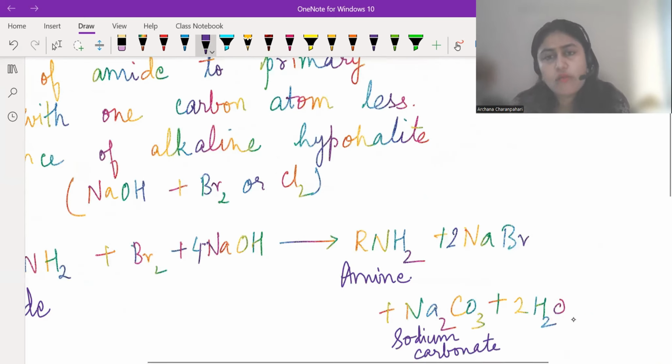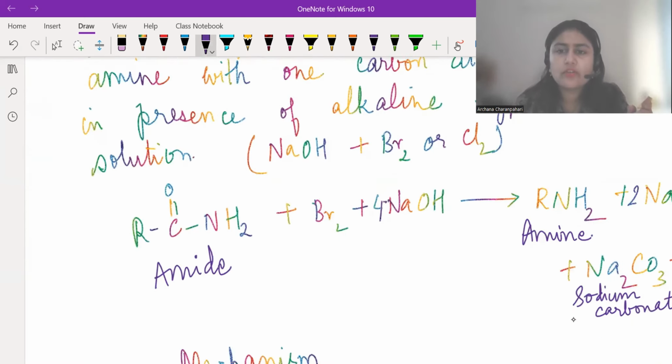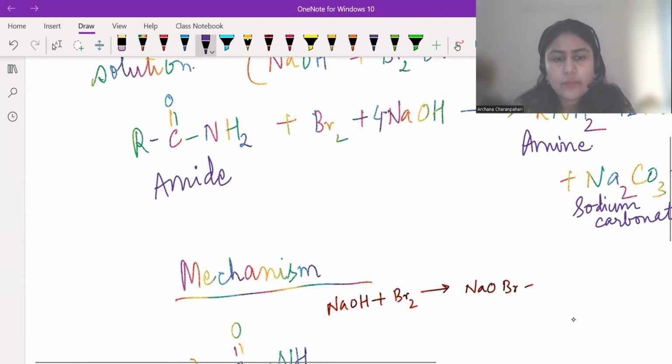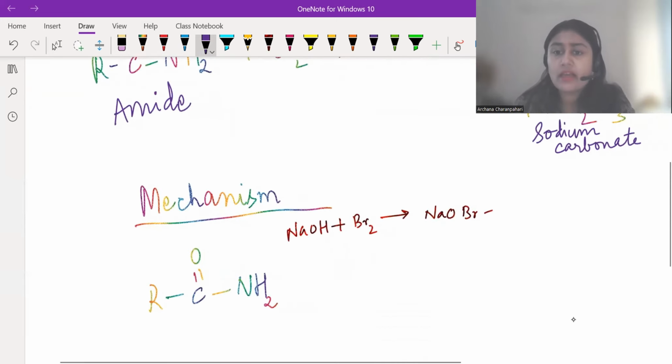And 2 molecules of water will be formed. So, you are paying attention. Hence, it is conversion of amide to, not amide, but amide to amine. Now, what is the mechanism involved?